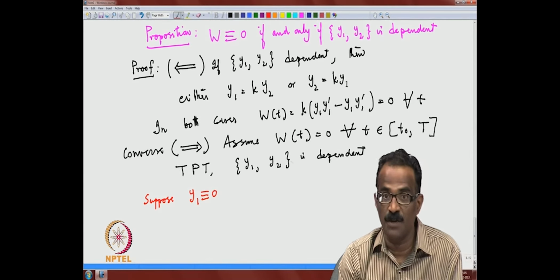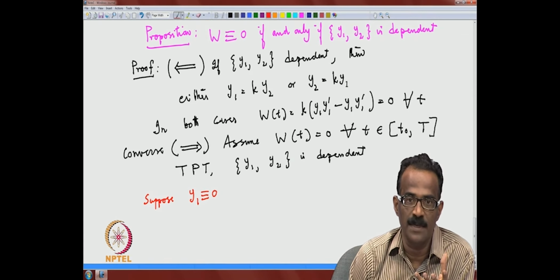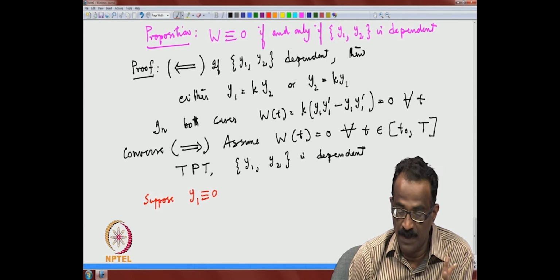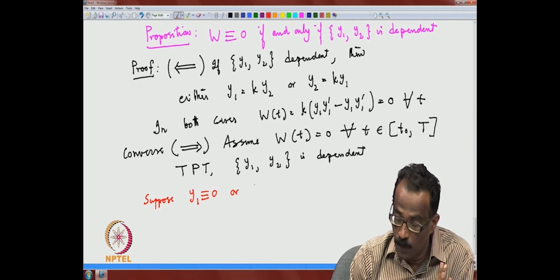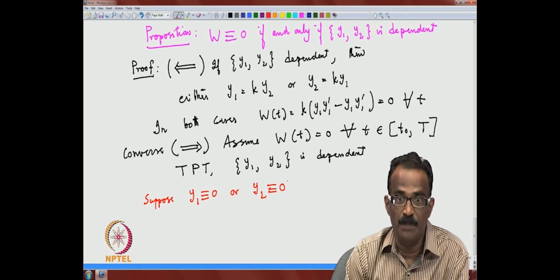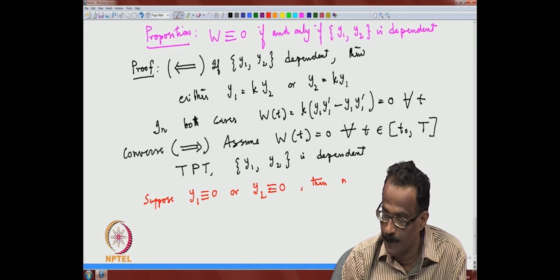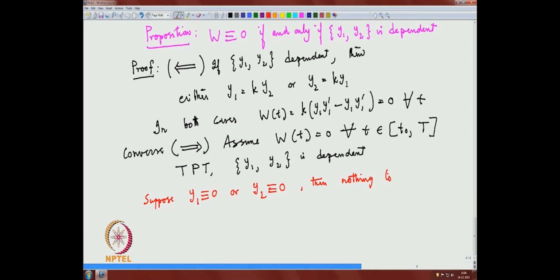If a set contains a 0 function, that set is necessarily dependent. y1 identically 0 or y2 identically 0, then it will be dependent, then nothing to prove. Clear that point? Because if one of them is a 0 function, we do not have to prove anything.